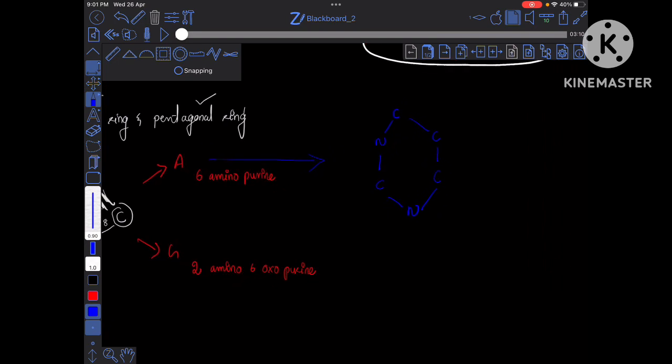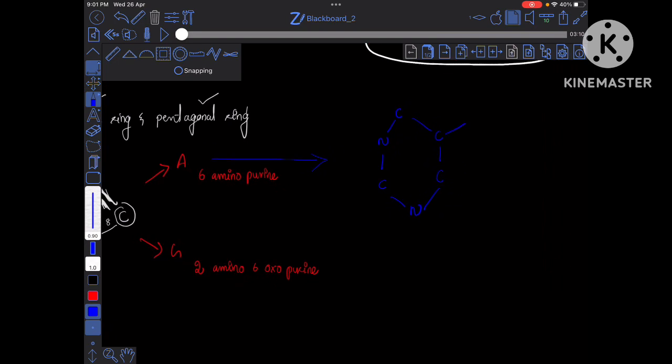Then draw the pentagonal ring attached to it. There carbon and nitrogen alternate. Since here it is carbon, the next residue will be nitrogen, then again carbon, then again nitrogen, and fill the bond with the existing carbon atom.